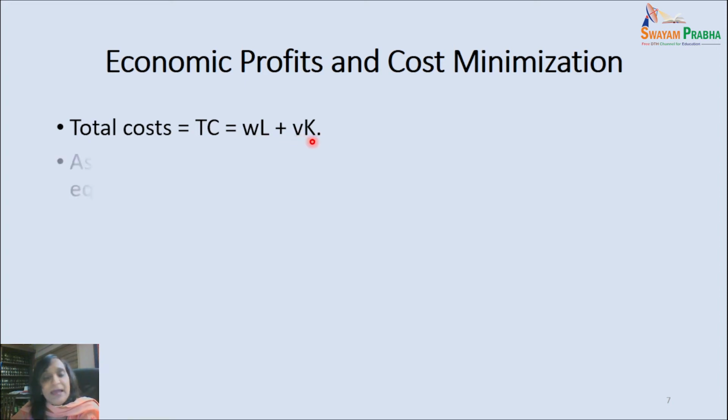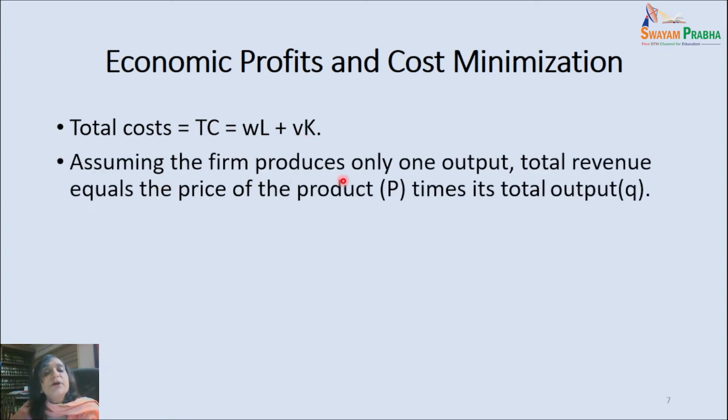Now, if the firm produces, let us say, only one type of product, the total revenue will be equal to the price of the product multiplied by the output. We have already seen earlier that total revenue is price multiplied by the number of units the firm is going to sell. And what is going to be the profit?